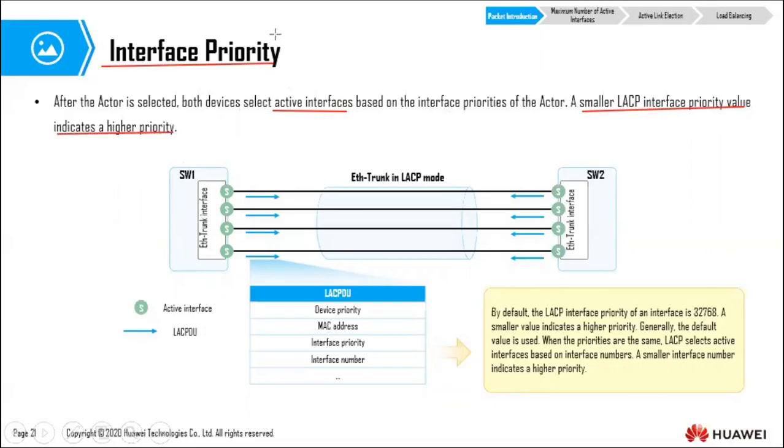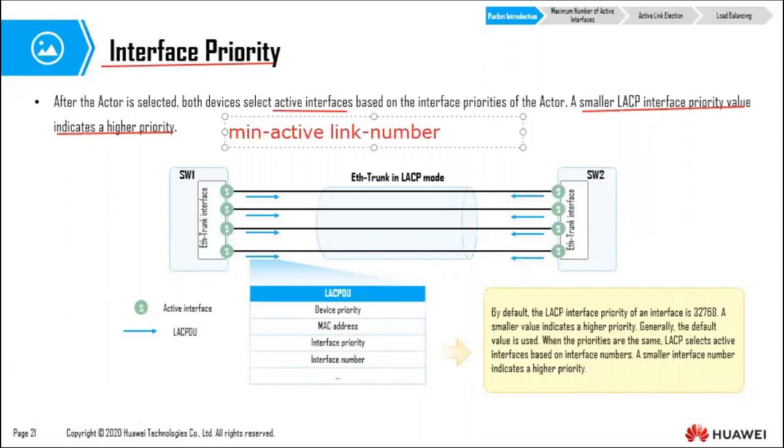So as you're going to see in the lab, when you're configuring LSCP, you can use the command, I can't remember very well, but something like maximum active, or let me just say maybe minimum active link number, like that.